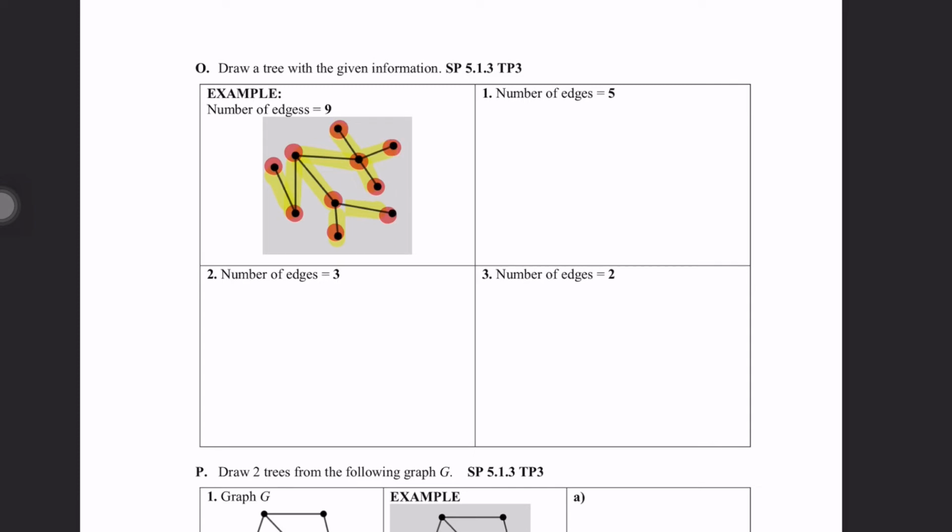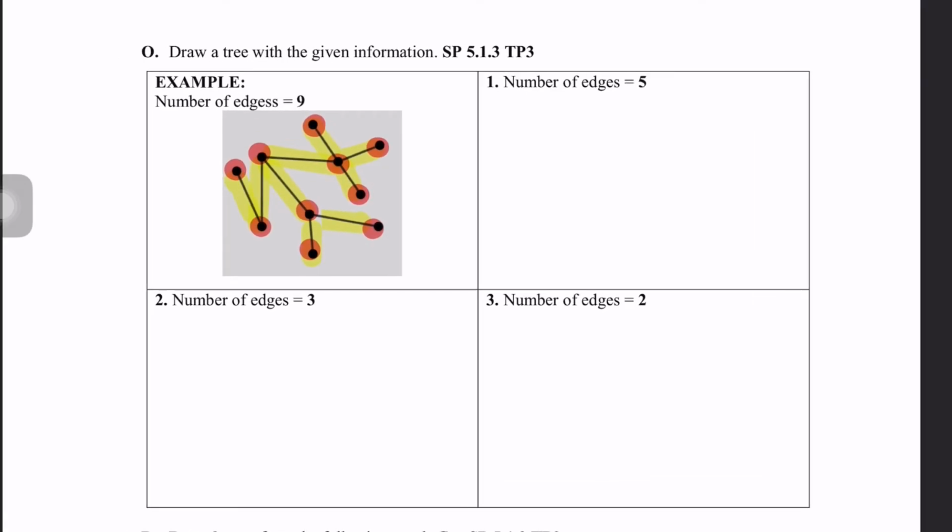Okay, let's try ni pula. Okay, so kalau kita ada number of edges is equals to 5. So kita ada number of vertices mestilah lebih 1, 6. Okay. So kita buatlah dulu 6. Contoh 1, 2, 3, 4, 5, 6.